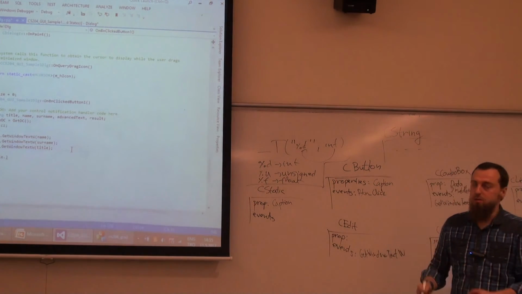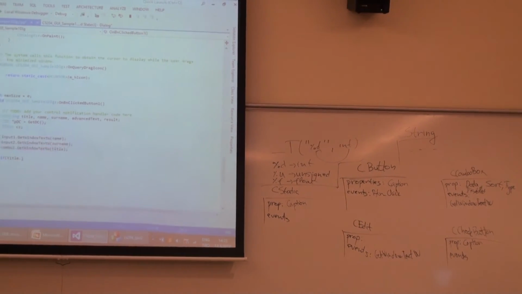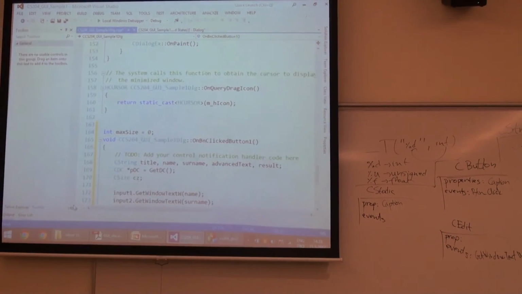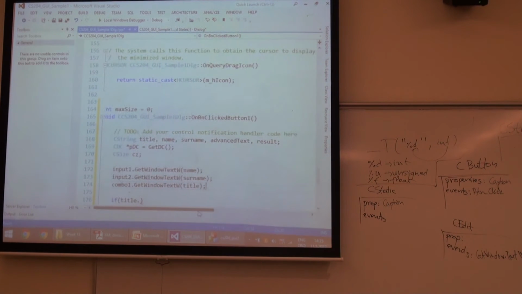This is for getting the text, okay? I should enlarge the font. If you have questions, please ask, okay? I know it's a bit challenging, but not too challenging. But if you have a question, please ask.